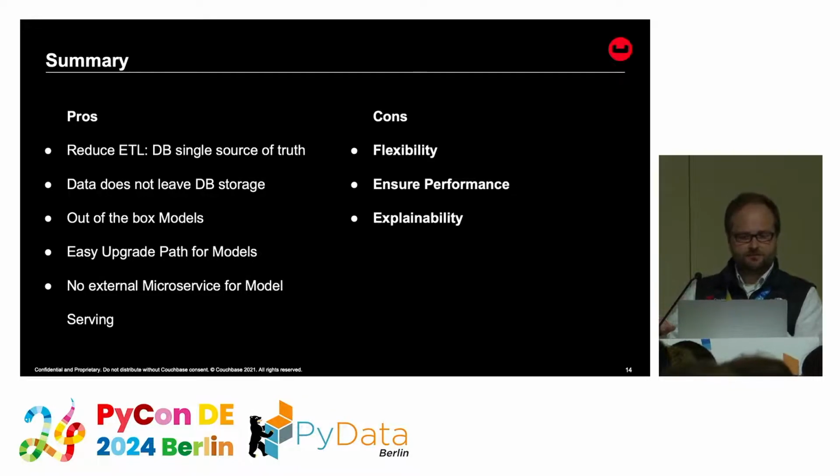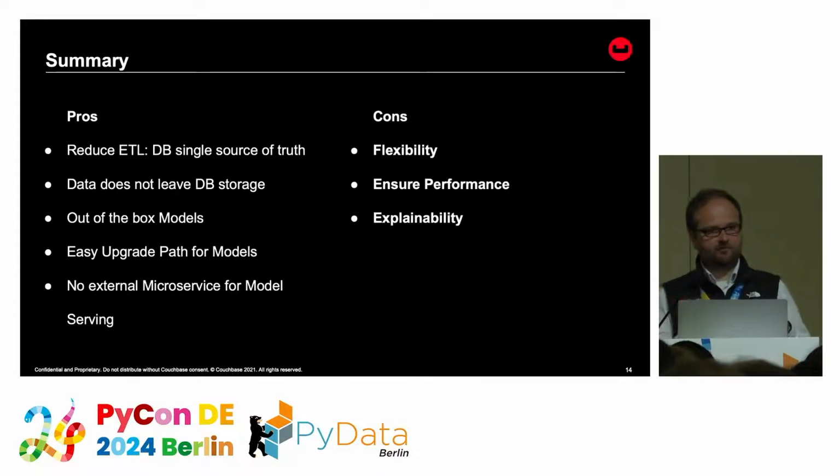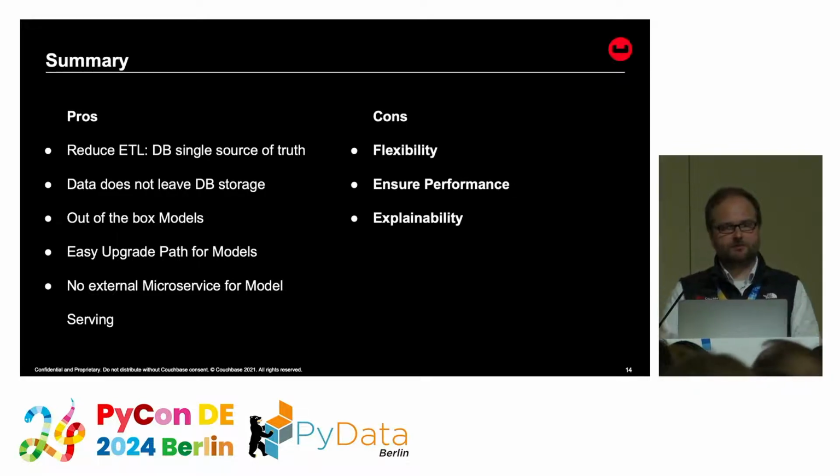So the cons, flexibility. Obviously, if you need something prepackaged, it's proprietary to the database, you don't have the flexibility versus building it completely from scratch yourself. That's a con. Performance is also something.